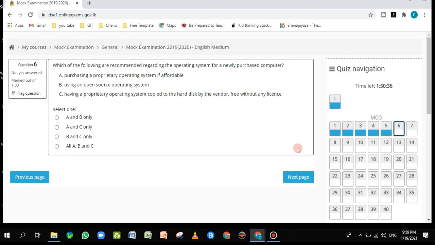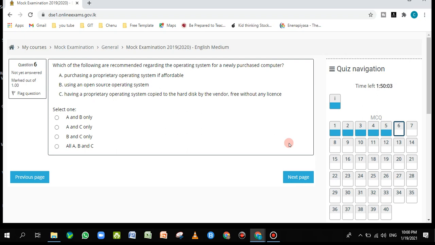And here it comes, the sixth question. Which of the following are recommended regarding the operating system for a newly purchased computer? Purchasing a proprietary operating system if affordable, which means it's better to buy a company owned or a licensed version of operating system. That's correct. Then using an open source operating system, that is okay.